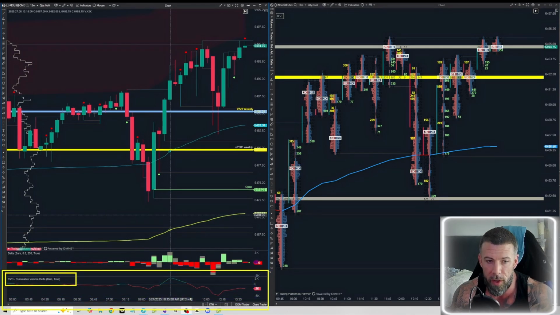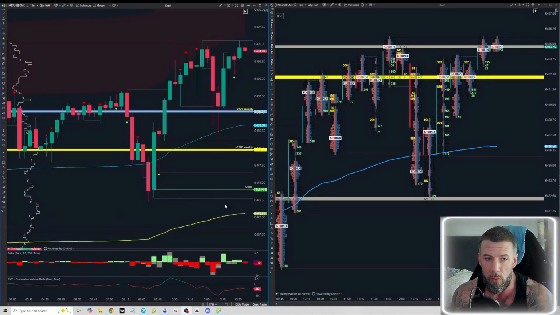Now, I want to make it clear. Aggressors are people who hit the market with a market order, where they're buying on the ask and selling on the bid. When you see cumulative volume delta, that's only market orders.